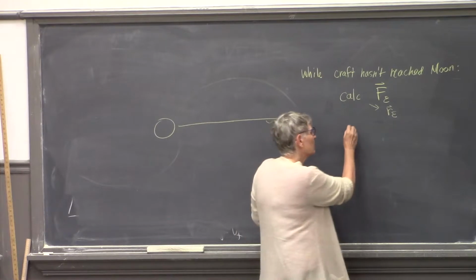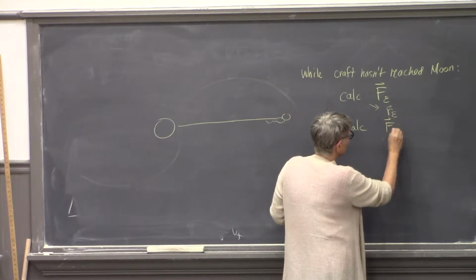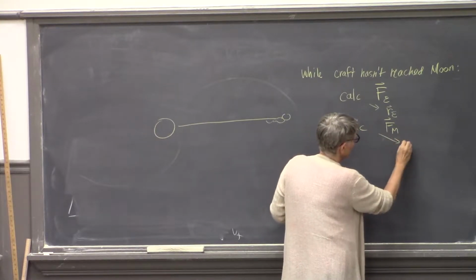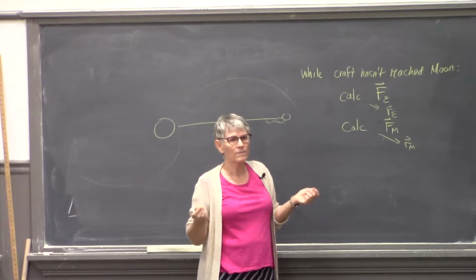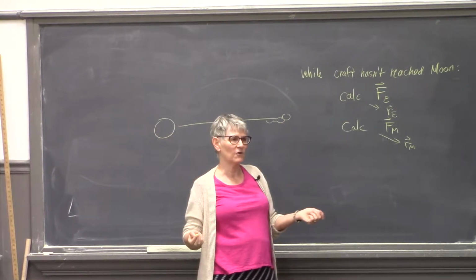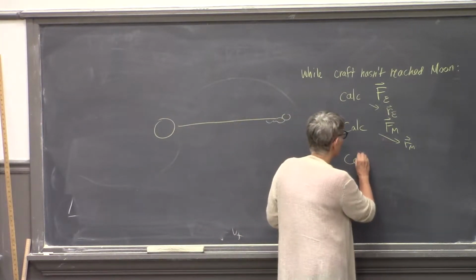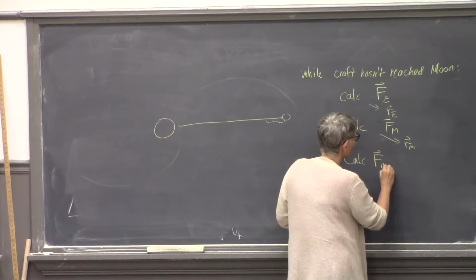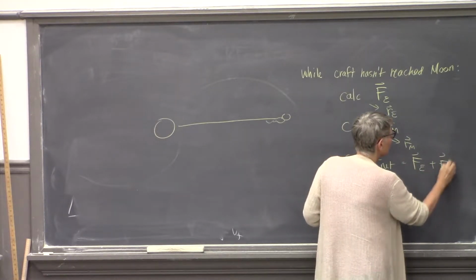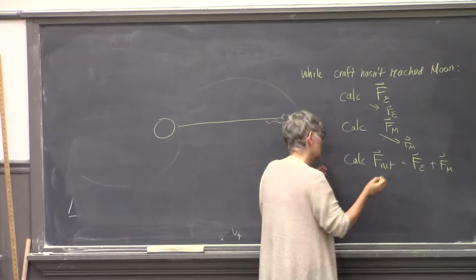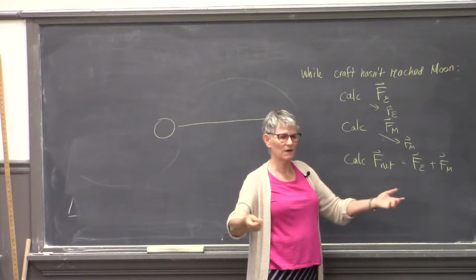Now we're not done, because the moon is exerting a force, so we have to calculate the force on the moon, and that means we need to recalculate the distance from the spacecraft to the moon. And now we need the net force, which is just the sum of all the forces acting on it. And now we're all set to do the thing we know how to do really well, which is update momentum and then update position.